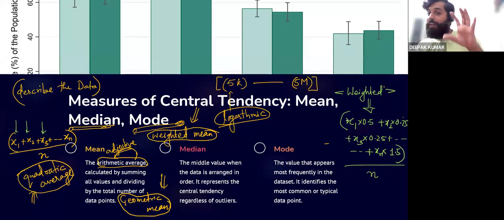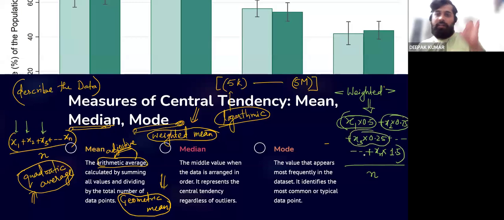So this is called weighted mean. It means you have given 50% weight to the first entry, 75% weight to the second entry, 25% weight to the third entry, and so on. Is this clear? What is the meaning of weighted mean?